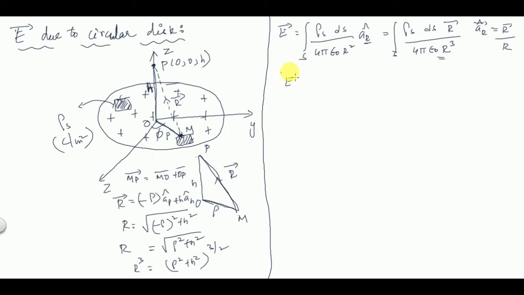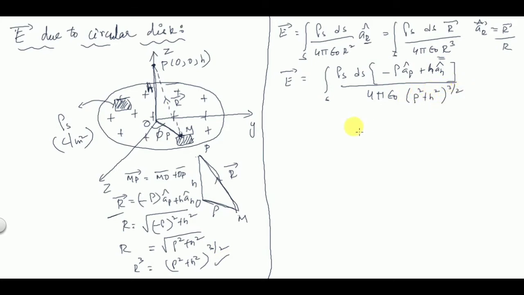So E bar is equal to integral over s of rho s ds into r bar, which is minus rho a rho cap plus h into ah cap, divided by 4 pi epsilon naught into r cube, and r cube is rho square plus h square whole to the power of 3 by 2.